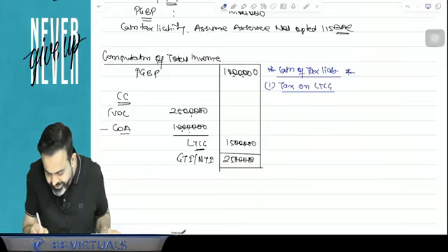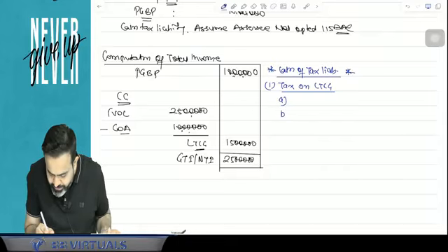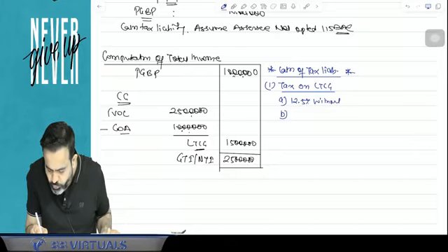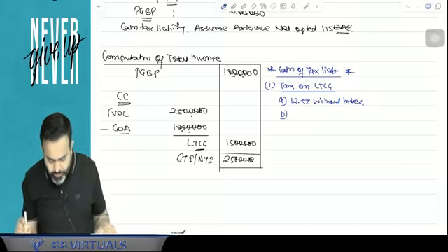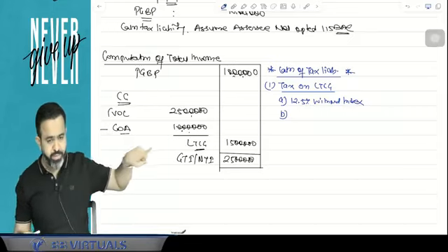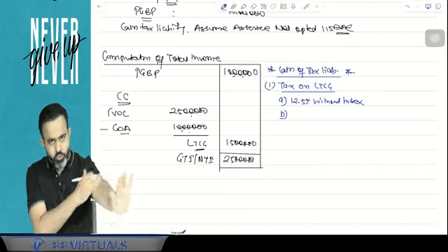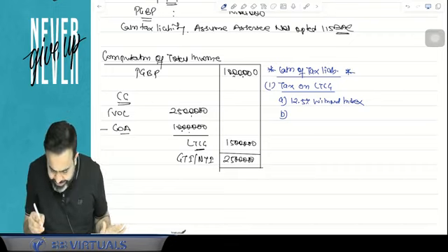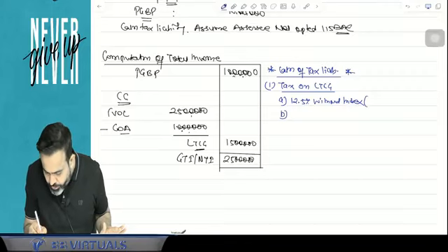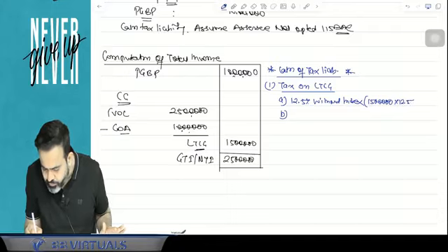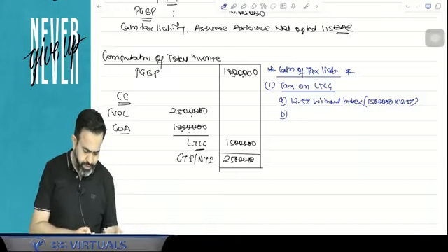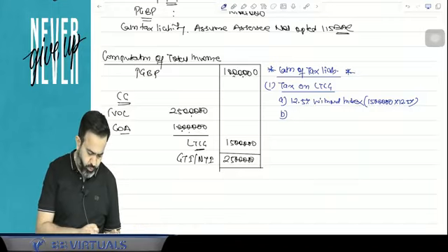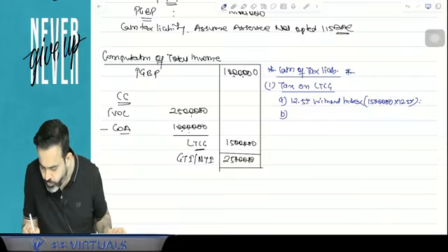In LTCG, you have to consider two options: that is 12.5% without index. So you calculate tax on capital gain calculated without index only. So here 12.5% without index, it means your 15 lakh multiplied by 12.5% comes to 1,87,500.